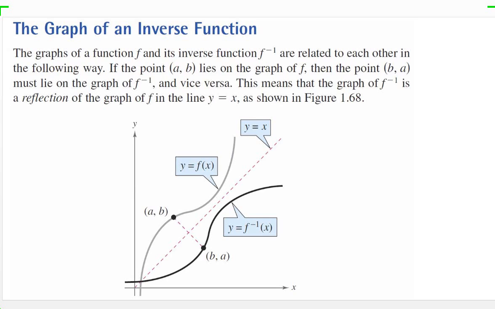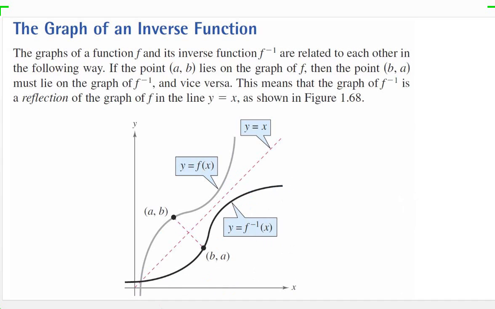Okay, let's take a look at the graph of two functions that are inverses of each other. Here in gray we have a function, y equals f of x. Here in black we have the inverse of this function. We are given that information. Now here's a relationship graphically between two functions that are inverses of each other.